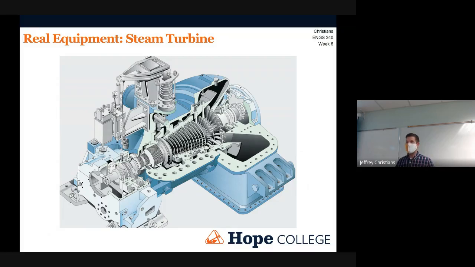That actually does happen in real steam turbines. It's a process called blowdown. So there is some condensation in real steam turbines, but that makes our turbine more and more inefficient. We can't really design a good turbine that has condensation happening inside of it.